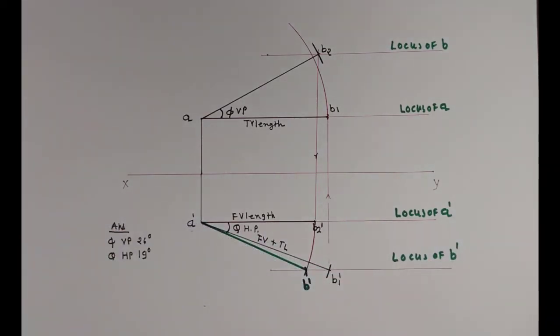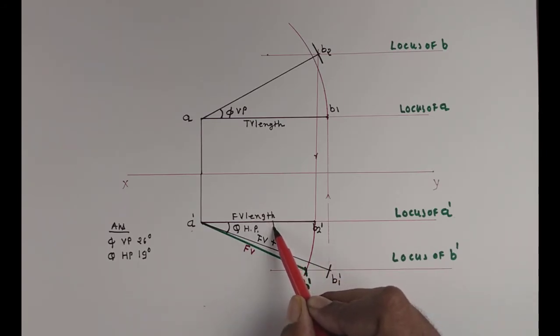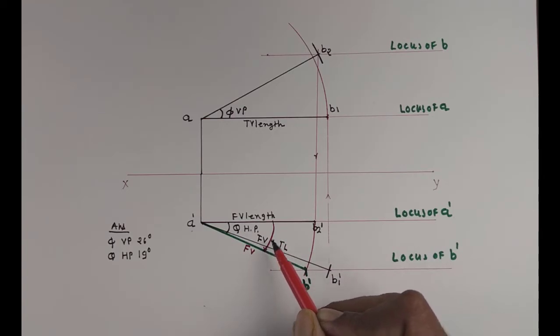It is called the actual front view, and it is inclined to XY line. This angle we call alpha. Your actual elevation inclined to XY is angle alpha.